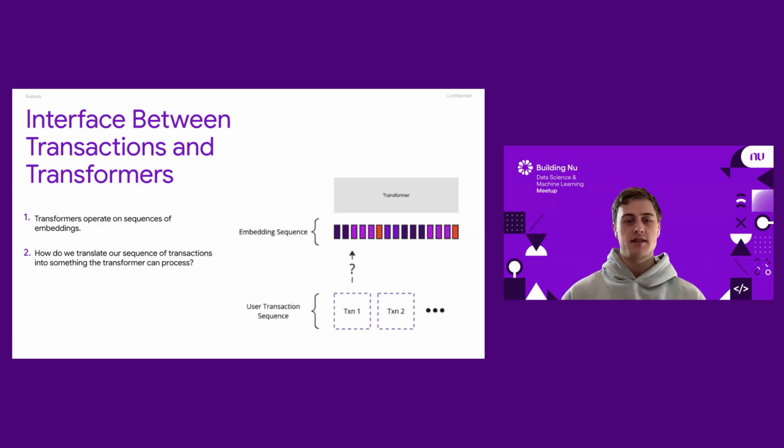However, in our case, we've got a sequence of transactions, which are in essence a sequence of dictionaries, right? These are key-value pairs, like the description and then a text string. We have the date and a date string. We have the amount and then a floating point value for the amount. And what we need is some way to formulate our transaction data that allows us to convert it into a sequence of embeddings that our transformer can process.